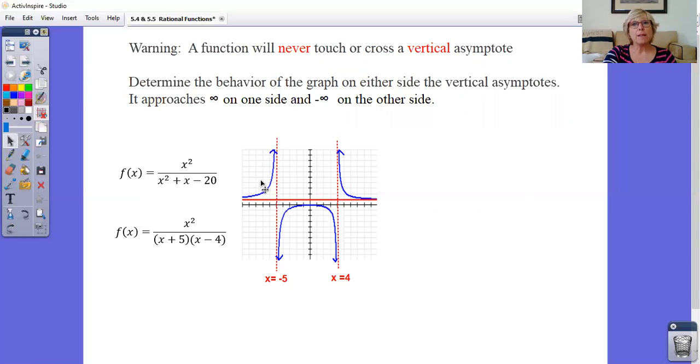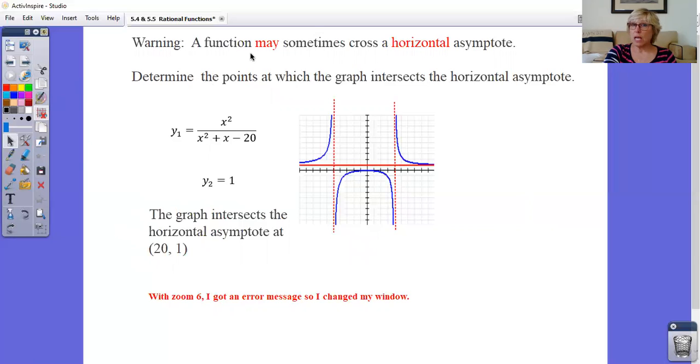On one side, the curve will approach +infinity, and on the other side, it will approach -infinity. For this asymptote, same thing. On one side, it approaches positive, and the other, it approaches -infinity. Because the multiplicity of each binomial is odd. When the multiplicity is odd, then the curves will go in opposite directions.